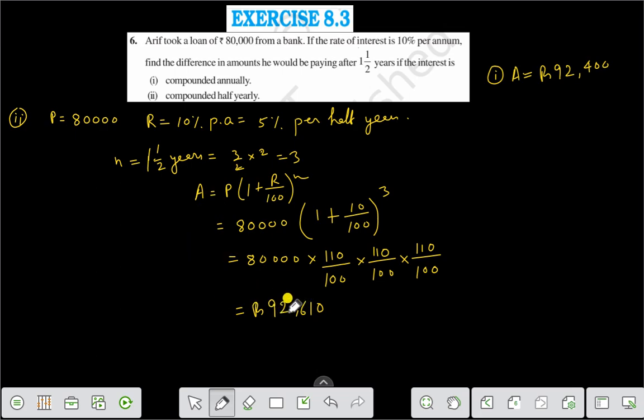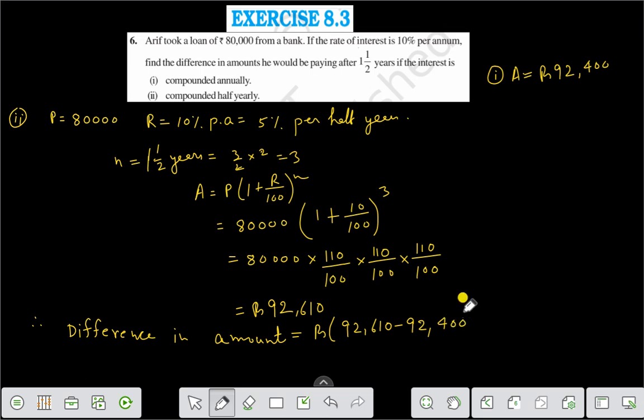Therefore, this amount is 92,610 and in the first case the amount is 92,400. Therefore, the difference in amount is equal to rupees 92,610 minus 92,400.